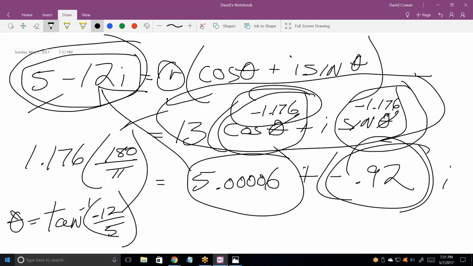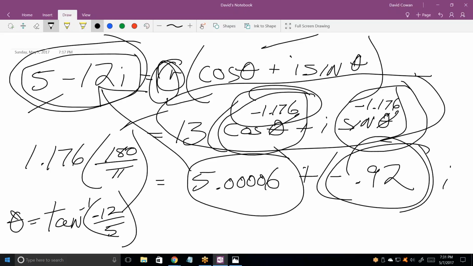But this is the thing, that's the general formula. The complex number, which is in a plus bi format, is equal to r times cosine of theta plus i sine of theta. And r is the square root of the sum of these squared.